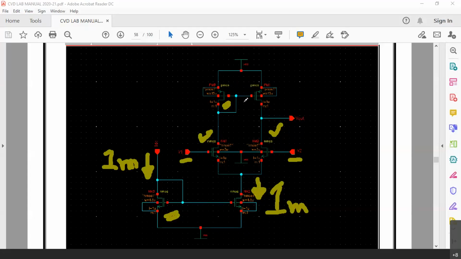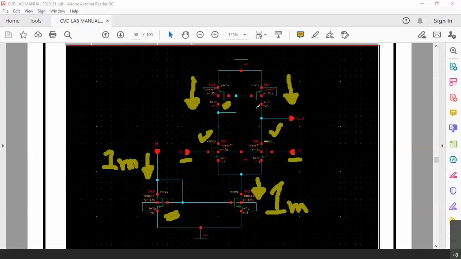In that way, whatever is the current flowing through this PMOS, it will be the same current flowing through this PMOS. Because now the left side PMOS is working like a current source, and the right side PMOS is connected through a current mirroring concept. Because the gates are shorted, the gate source voltage is the same for both of them.